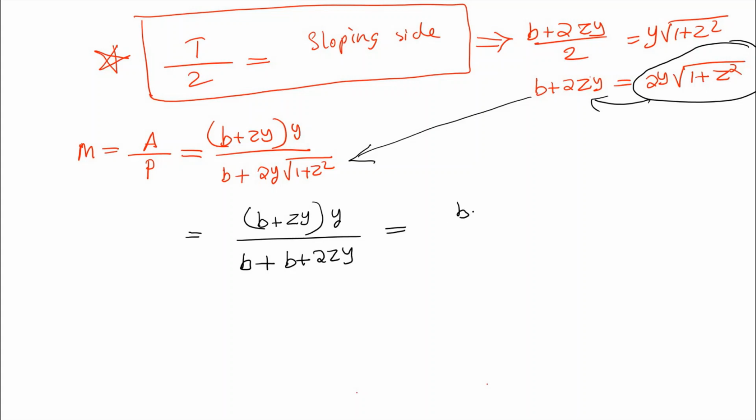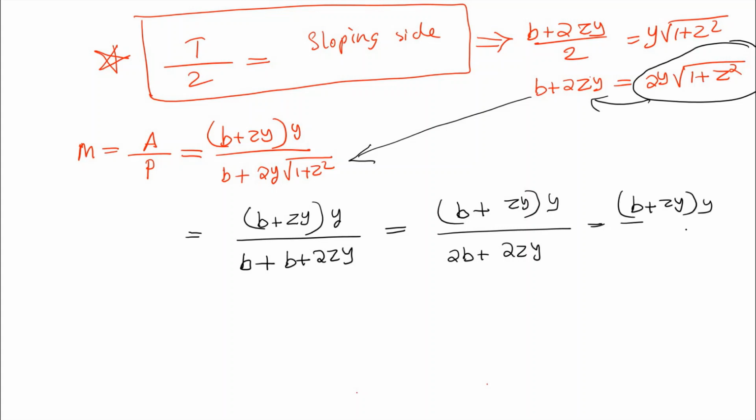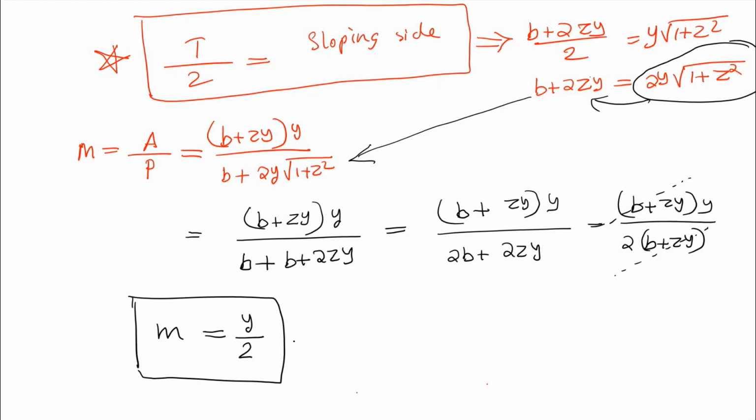So it will become b plus zy into y divided by 2b plus 2zy, which is 2 times b plus zy. Now we got b plus zy in the numerator and denominator, so I'm just cancelling it out. Now you will get the answer as y by 2. That is, m is equal to y by 2. So this is the second condition for a trapezoidal channel.